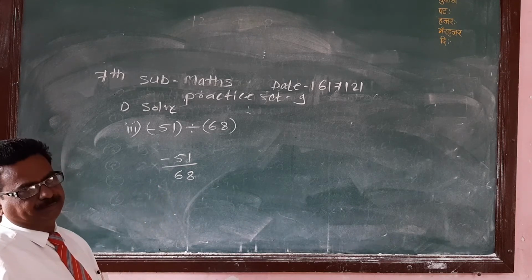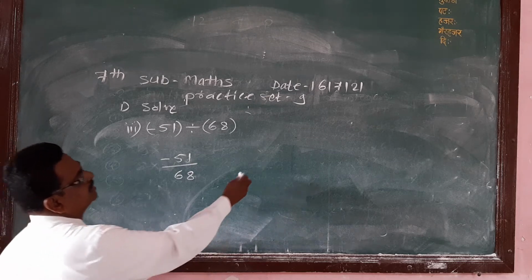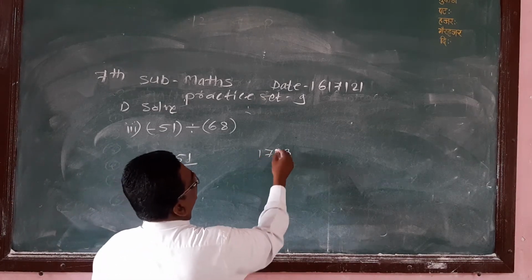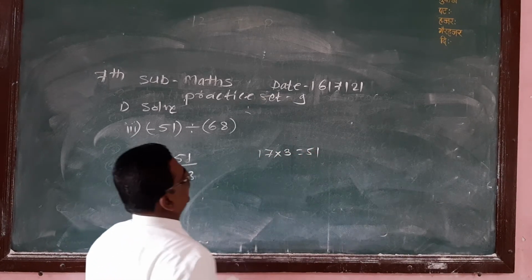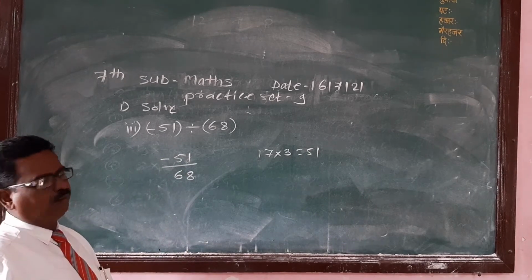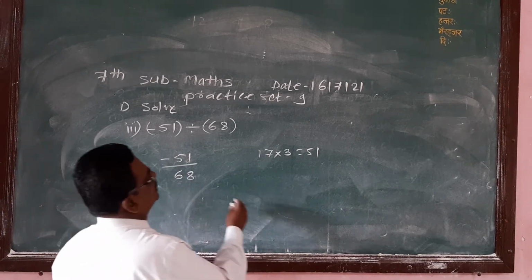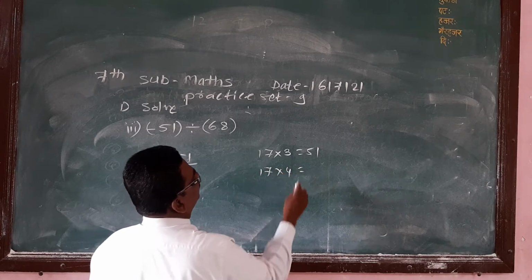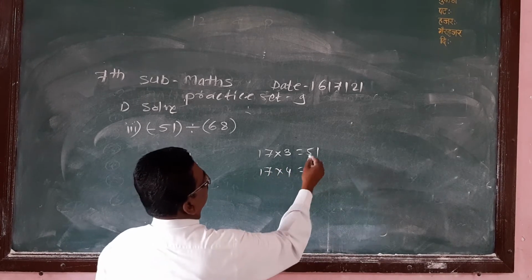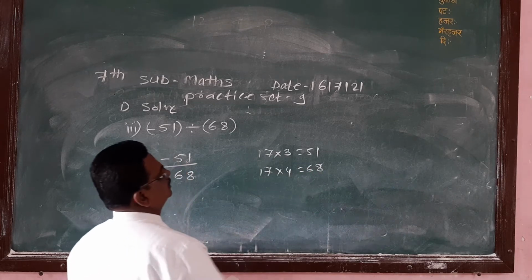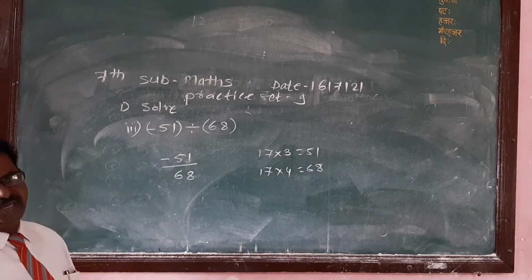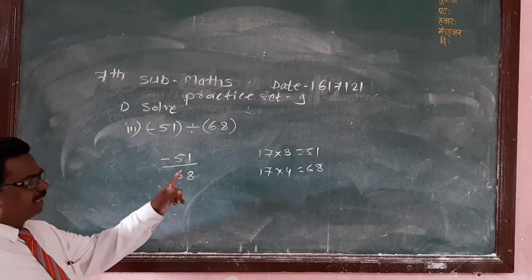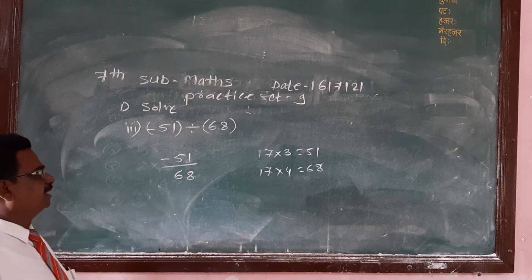Now 17. 17 into 3 is 51, 17 into 4 is 68. We will divide by 17.